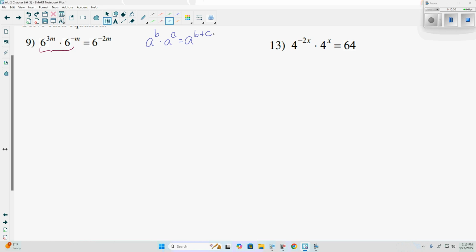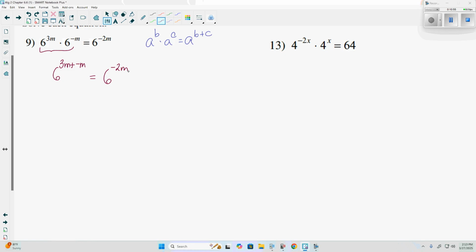So that means for us that 6 to the 3m times 6 to the negative m is the same as 6 to the 3m plus negative m. We can add those exponents. Because for us to use this one-to-one property, this property of equality, we need one base.